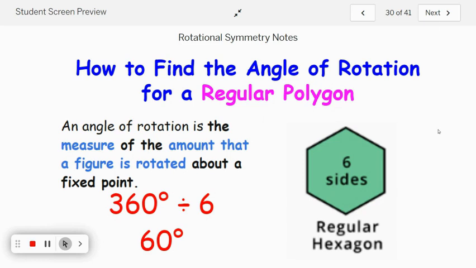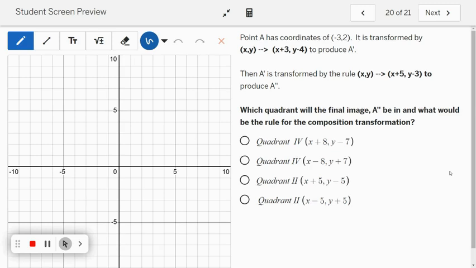Okay, let's take a look at another topic. Our next topic is to do with 2 transformations. So let's read this problem. It says point A has the coordinates of -3, 2. So let's draw that. -3, 2 would be over here in quadrant 2. Okay?